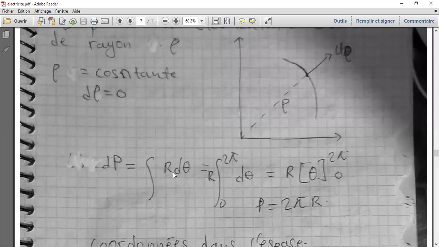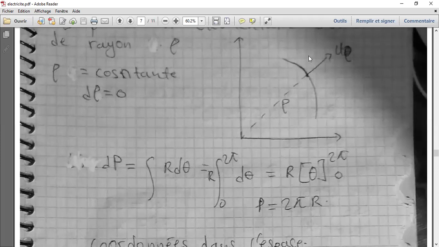So you can just put rho here. You see that there's rho, which is constant, and there's d theta. So when they say rho is equal to constant, it means the point is just moving in the same circle. There's no other change of the point. It doesn't make any surface area.